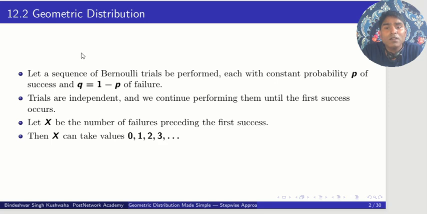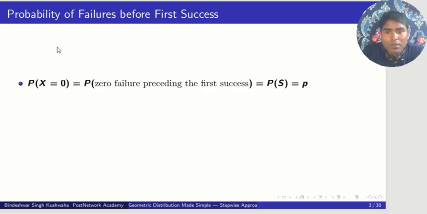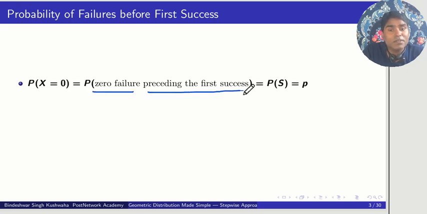Then x can take discrete values: 0, 1, 2, 3 and so on. And the probability of failures before the first success: for 0 failures preceding the first success, the whole probability is P, the probability of success.